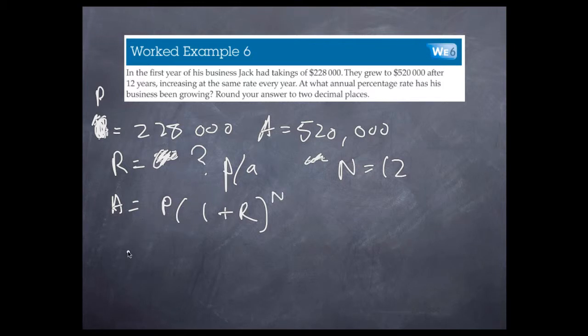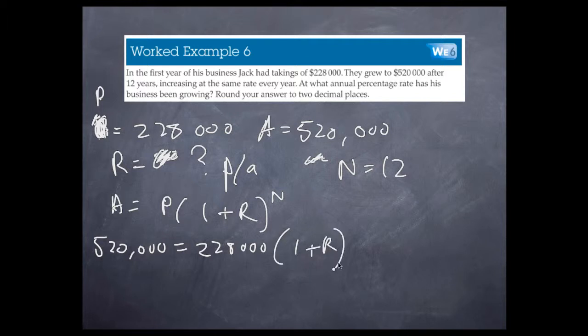Now we want to find the rate. Let's just plug the values in first. So 520,000 is equal to 228,000 times (1 plus rate, we don't know what that is yet) to the power of 12.